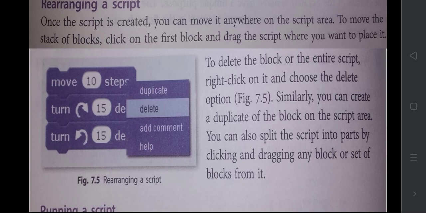To delete the block or the entire script, right click on it and choose the delete option. Similarly, you can create a duplicate of the block on the script area. You can also split the script into parts by clicking and dragging any block or set of blocks from it. This is how you can rearrange.